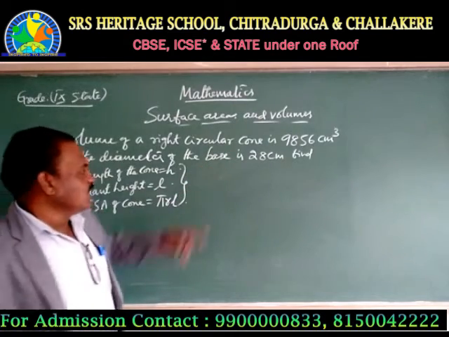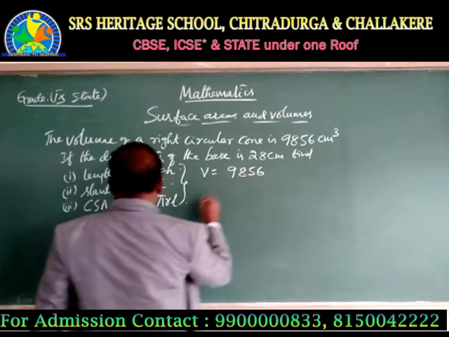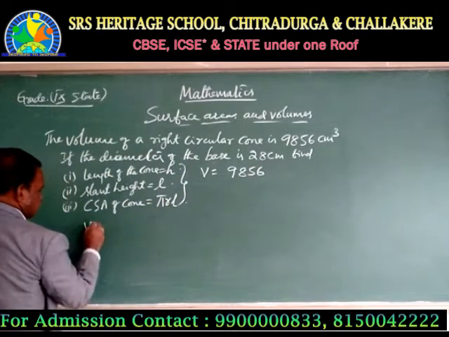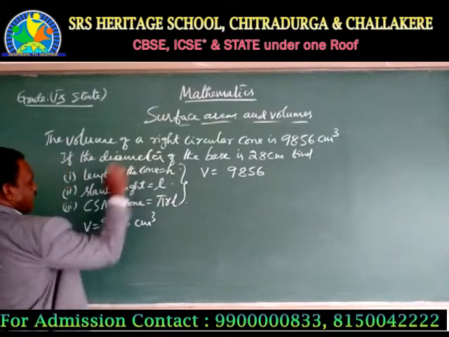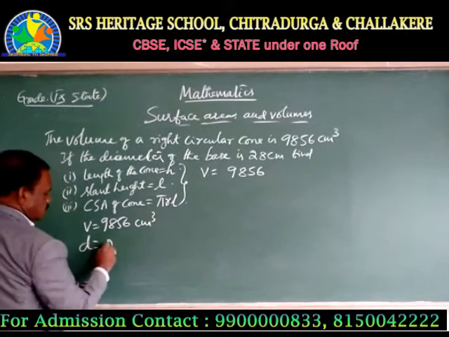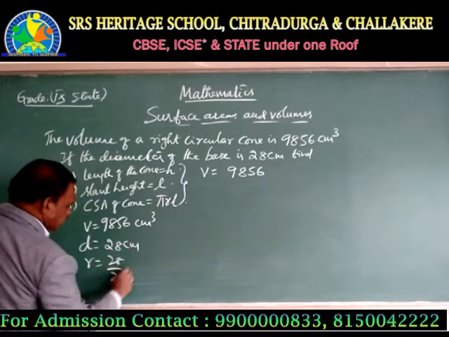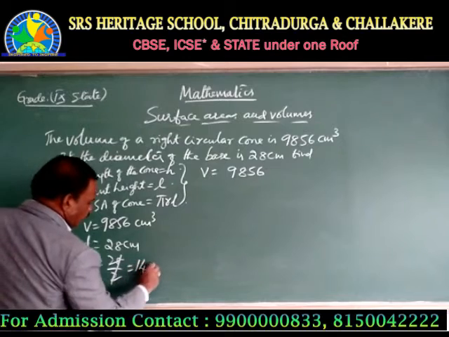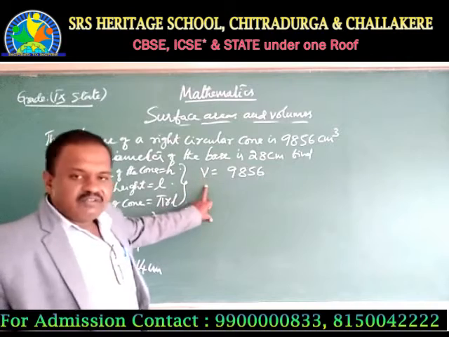We know that volume is given, so V is equal to 9856, and base diameter, that is D, is equal to 28 centimeter. So what is R? R is 28 by 2, that is 14 centimeter. What is the volume of a cone?